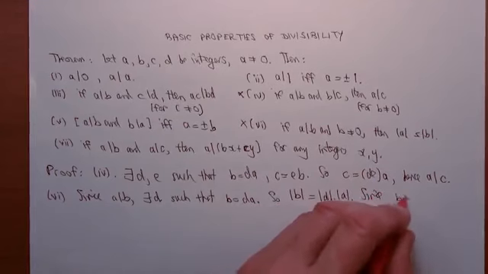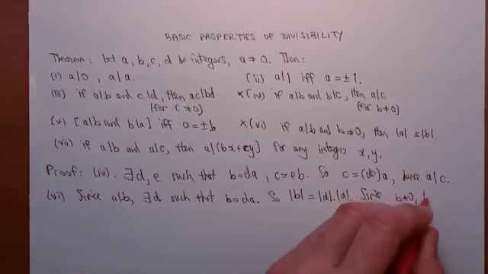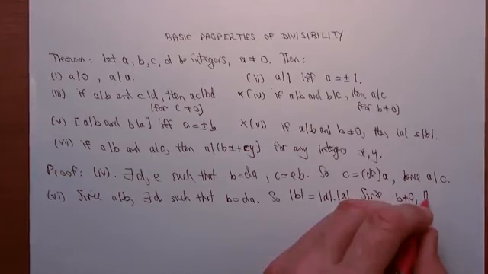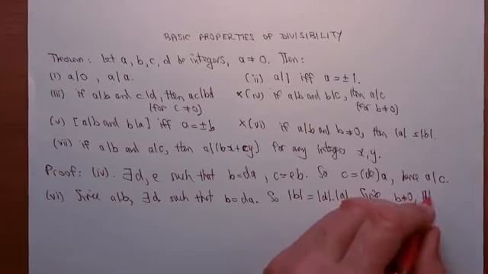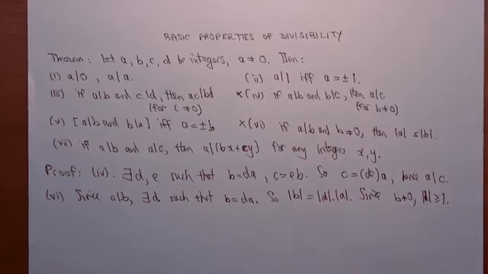And since b is non-zero, we know that the absolute value of d will have to be greater than or equal to 1.